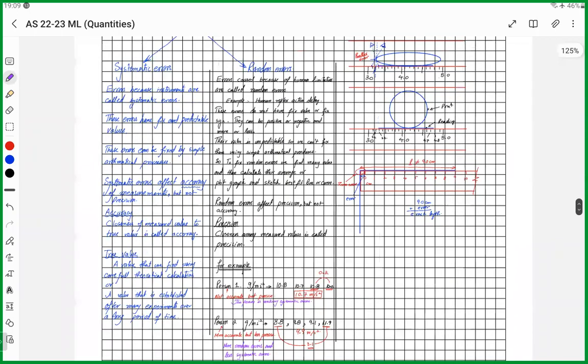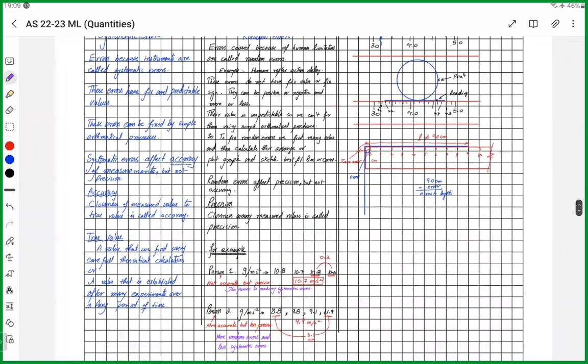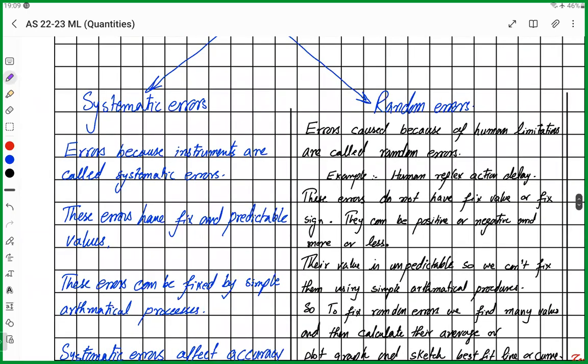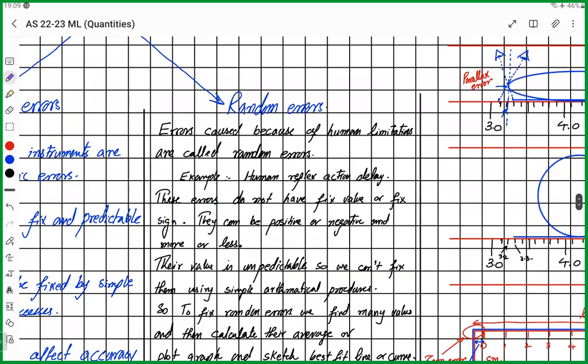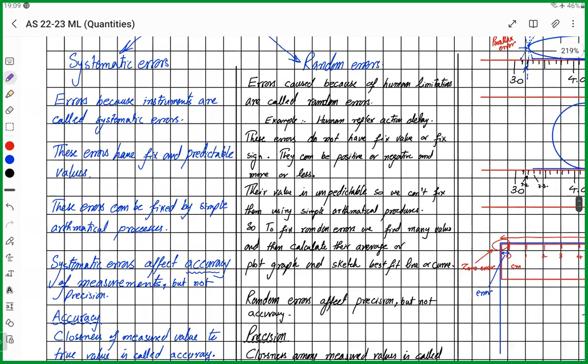And this is an introduction of errors, and you need to understand 4 terms over here. Let's go about them once again. Systematic errors, random errors. What are systematic errors? Errors because of the modified instruments or incorrect instruments. Random errors, errors because of the human limitations. Systematic errors, they have fixed values.